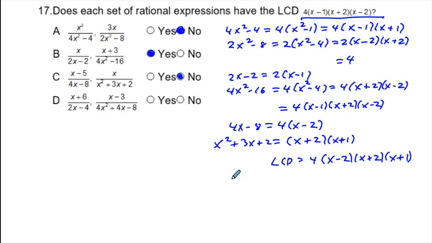Okay, the last one here, D, is going to be 2x minus 4 is going to be equal to 2 times quantity x minus 2.